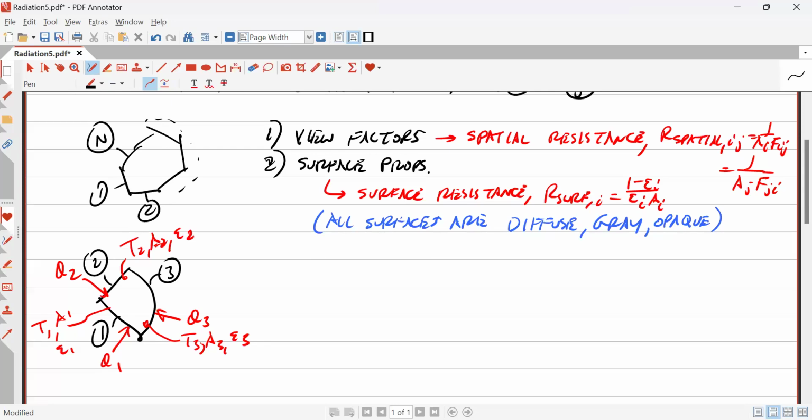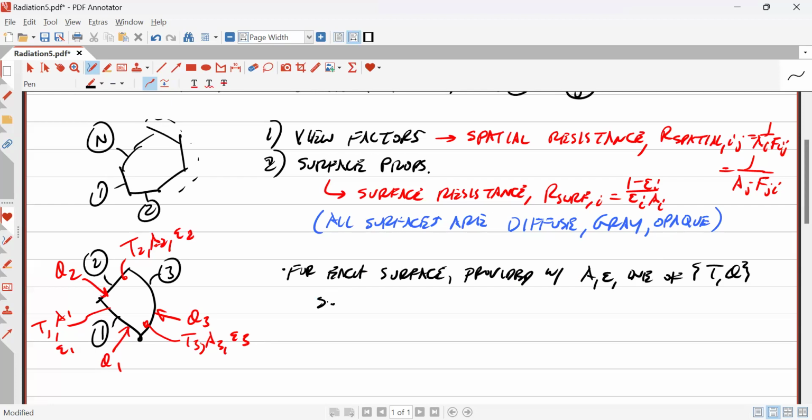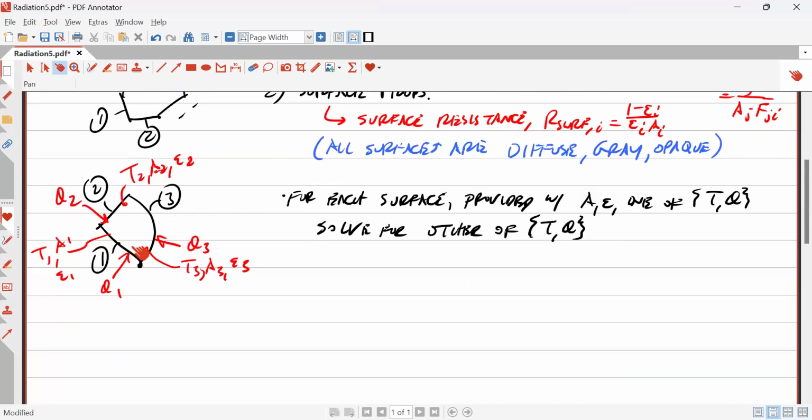So for each surface, you're provided with the values of A, epsilon, and one of T and Q, and you're going to solve for the other of T and Q. Say, for example, you're provided with T1, but you're not provided with T2 or T3, then you're going to solve for Q1, and then the temperatures T2 and T3, assuming you're given Q2 and Q3.